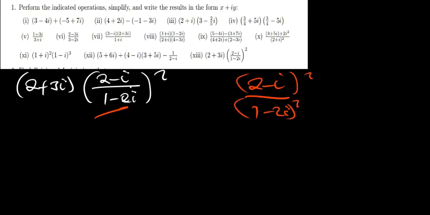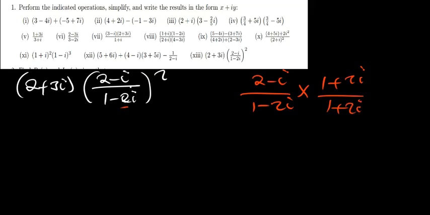Or if you want, you can rewrite this as 2 minus i divided by 1 minus 2i, then you do this. It's the same thing. So what I'm going to do now is work out what is in the brackets first, then I'll come and square it. So I have 2 minus i divided by 1 minus 2i times the conjugate, which is 1 plus 2i, over 1 plus 2i.